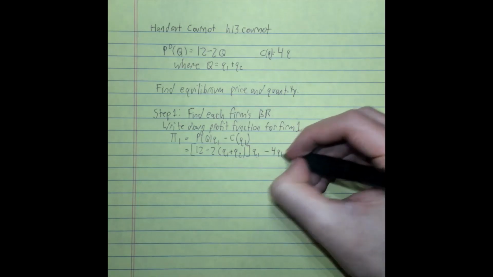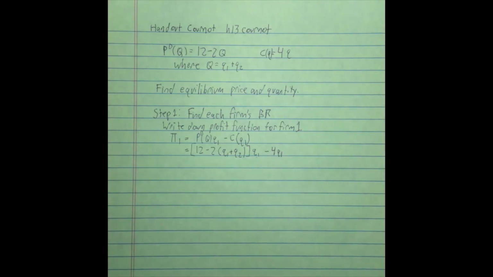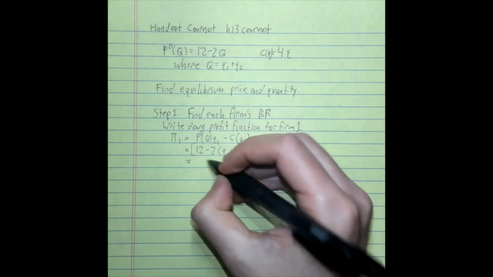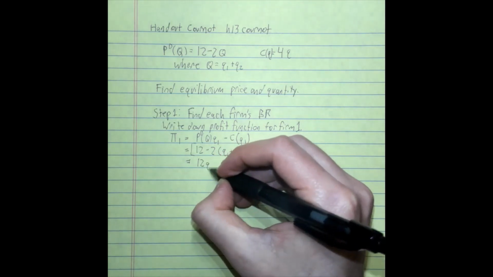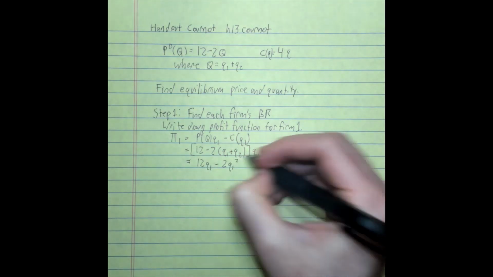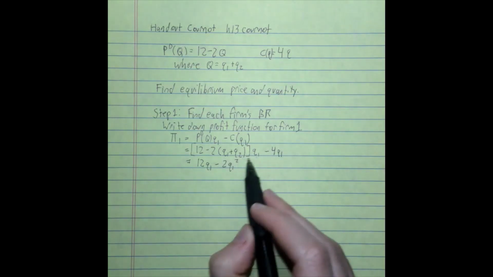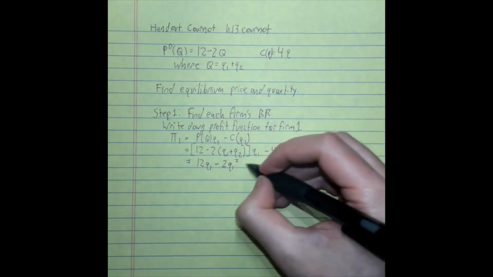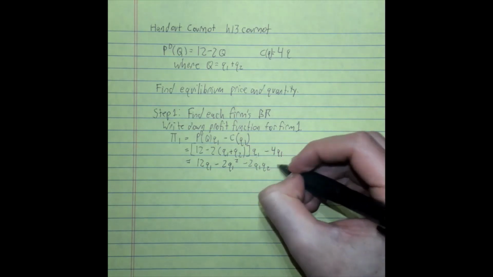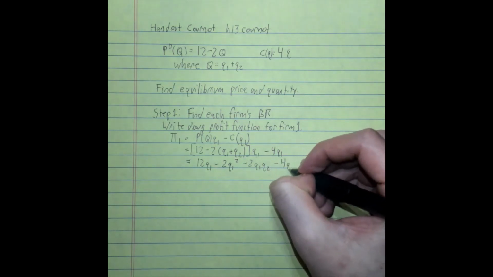Now I'm just going to do a bunch of algebra to get like terms together. So this is 12Q1 minus 2Q1 squared minus 2 times Q1 times Q2 minus 4Q1.